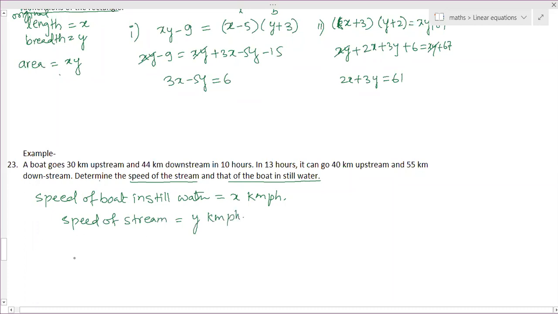Now you have to calculate the downstream speed. Downstream means along the stream. If the boat is going along with the river, in the direction of the stream, what will be the speed now?